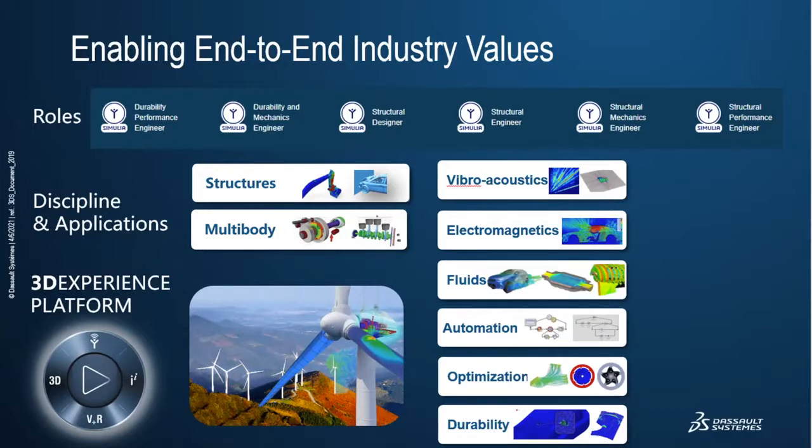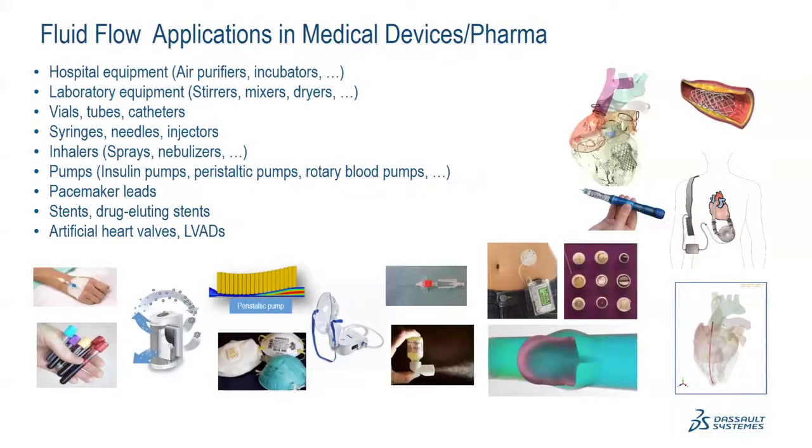So let me share a little more on the other side of the applications from the on-premise solutions. Since today we're talking about the medical industry, I have prepared a few slides to share some use cases and success stories from our customers, showing how they use our solutions to address those challenges.